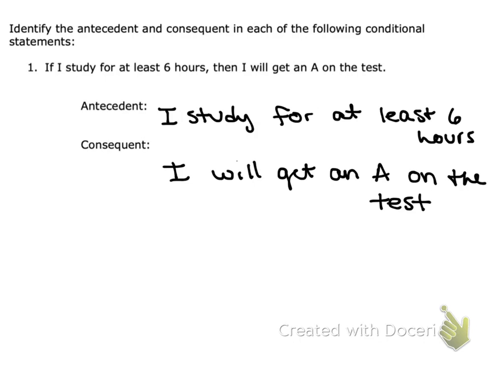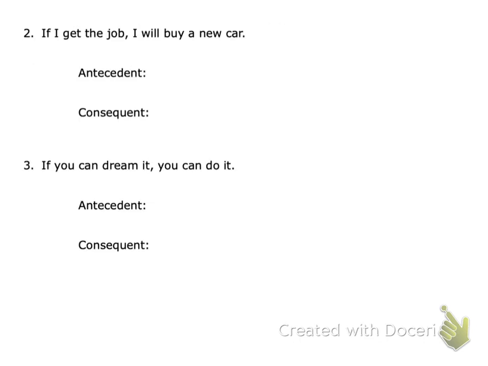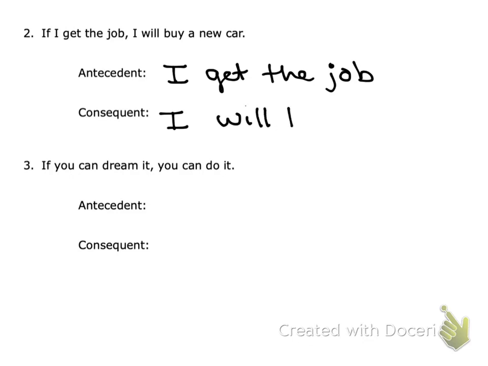All right, let's look at the second one. If I get the job, I will buy a new car. The antecedent, I get the job. And the consequent, I will buy a new car. And then our third one, if you can dream it, you can do it.